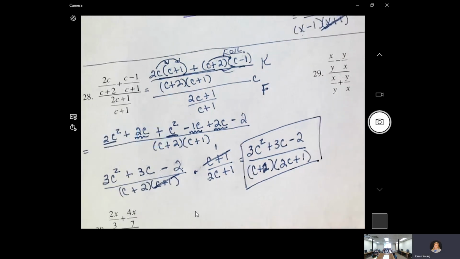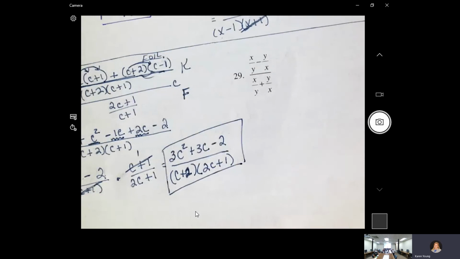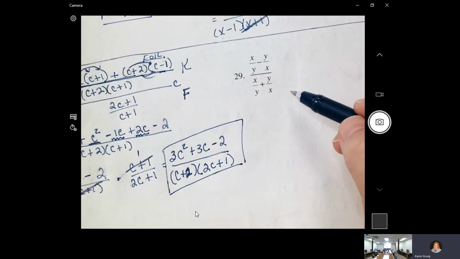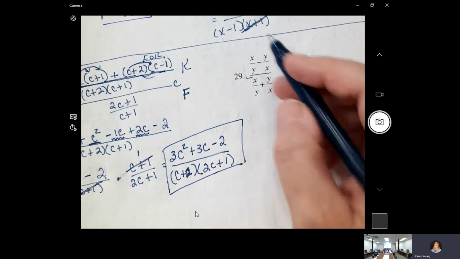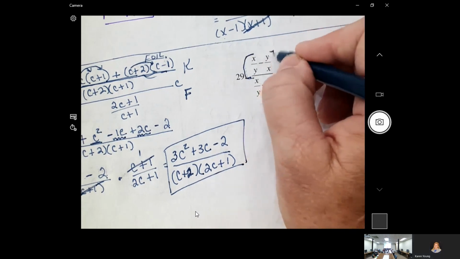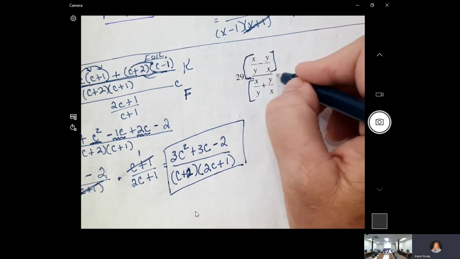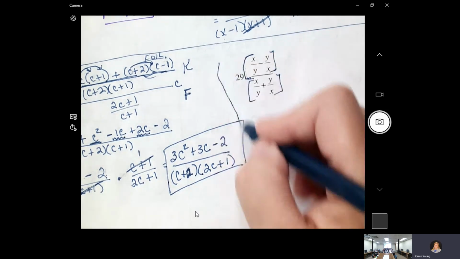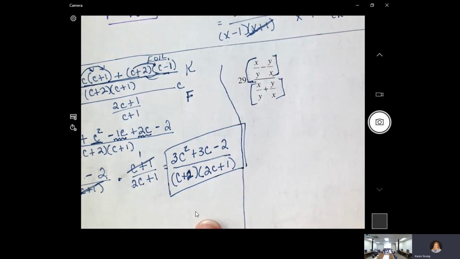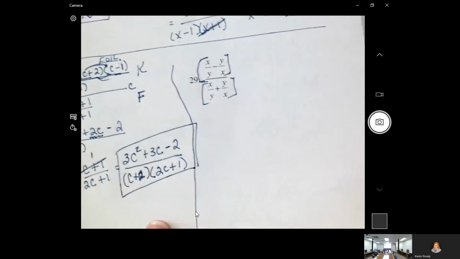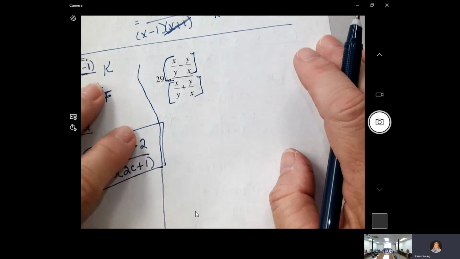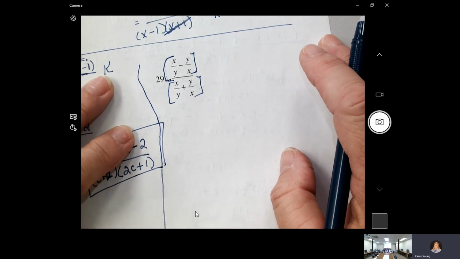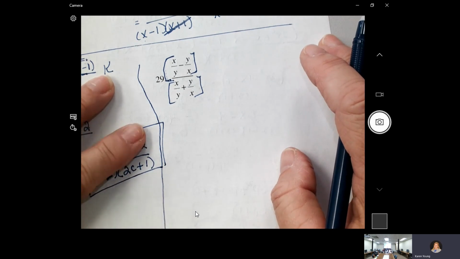All right. So 29 is probably the hardest one, only because I have two fractions in the numerator and two fractions in the denominator. It's only hard because it's time consuming. It's got no numbers in it, which makes it easy. You can put ones if you want to, but you don't have to.